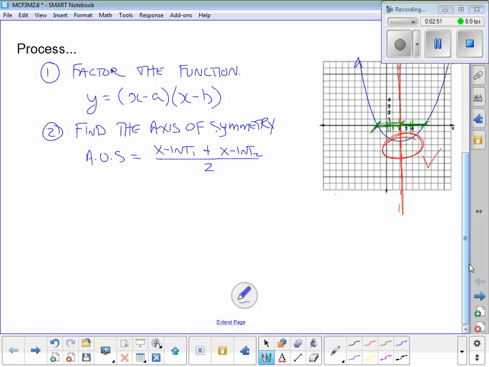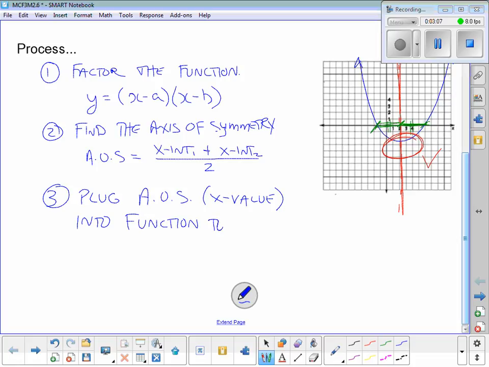So it's third and final step. We will plug our axis of symmetry value, which is our x value, into the equation or function to find the y value. So basically we are finding the vertex.